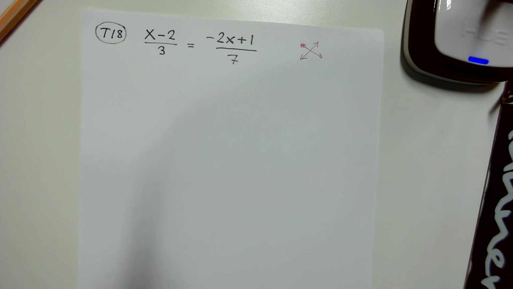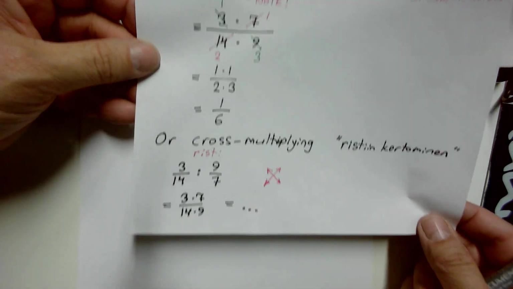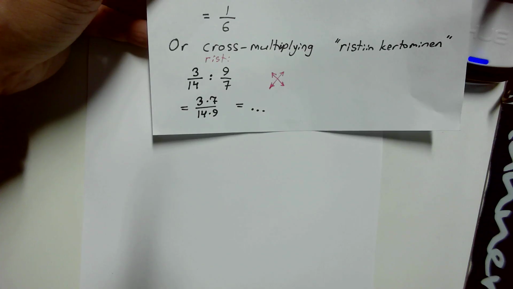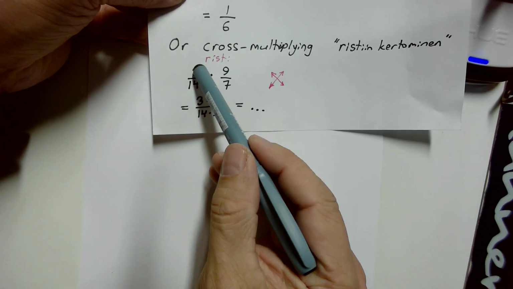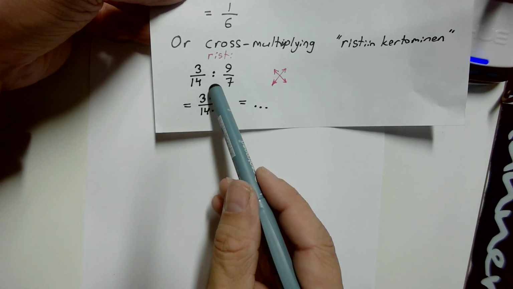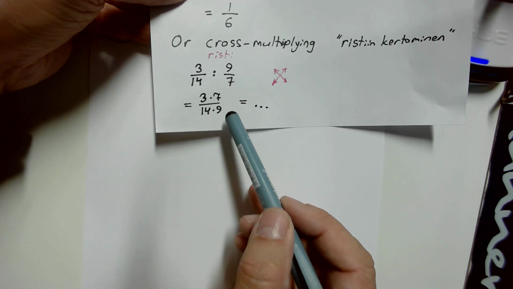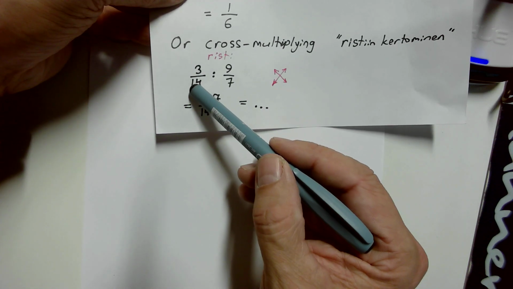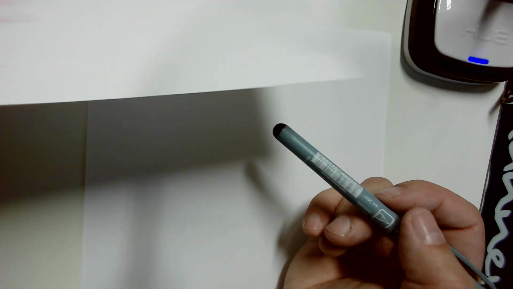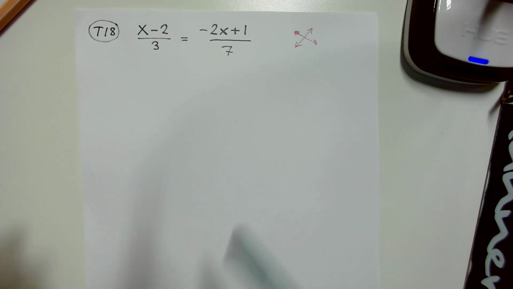If we compare with this problem here, the order is important. You first have to multiply these. This will come up to the top part of this fraction, and after that we multiply this. The order is important there, but in these equations the order is not necessary.